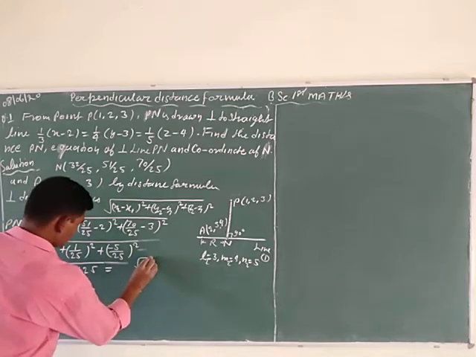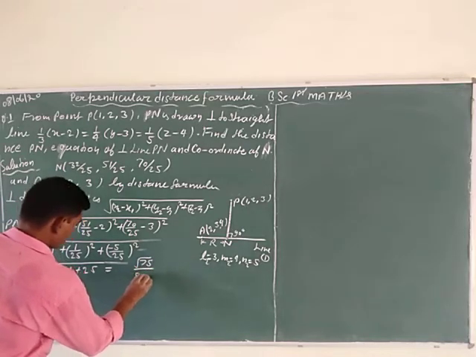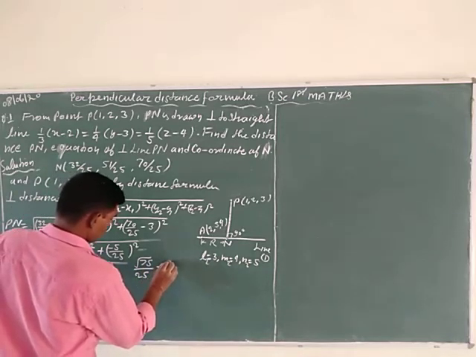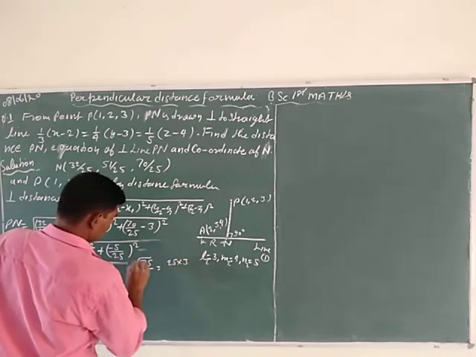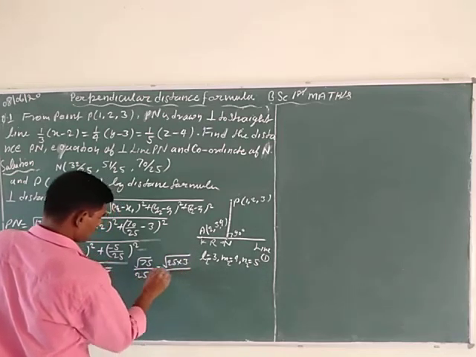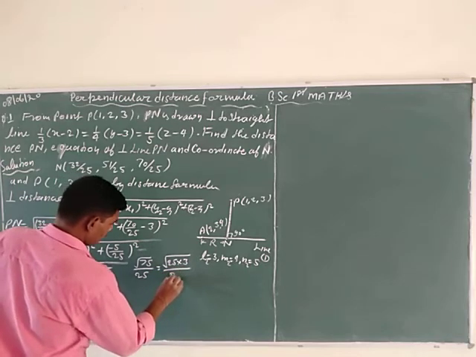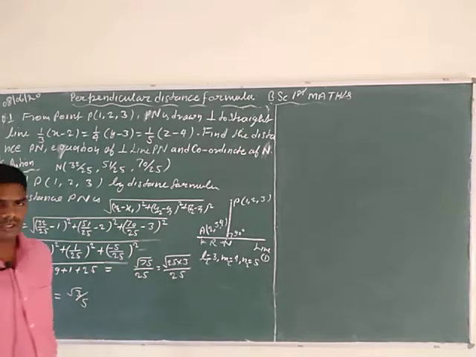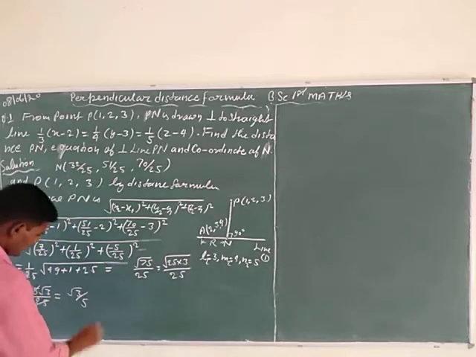So the square root of 75 over 25. You know that 25 times 3 is 75, so write it in this form, 25 into 3, and 5 taken outside, giving 5 under root 3 by 25, so cancelling, it is under root 3 by 5. This perpendicular distance PN is the required solution of the question.